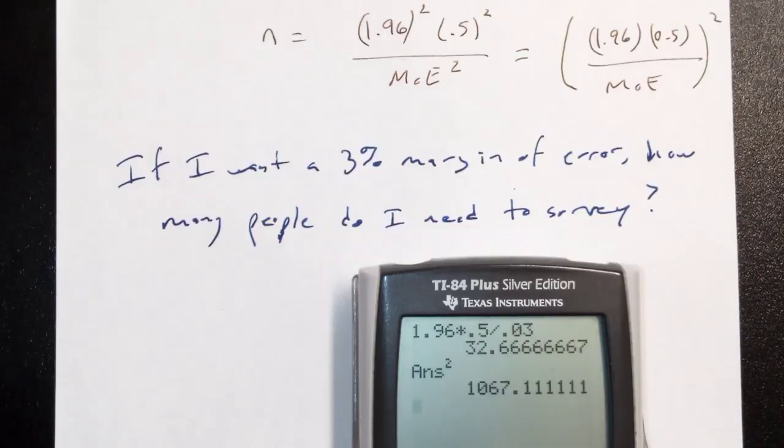If I tell you how many people we did the survey of, you should be able to compute a margin of error. We did 250 people. What's our margin of error?